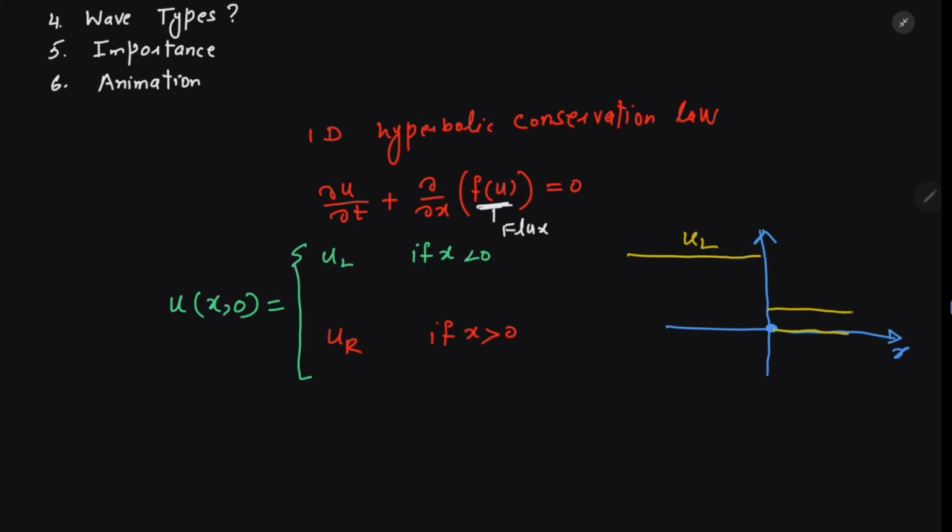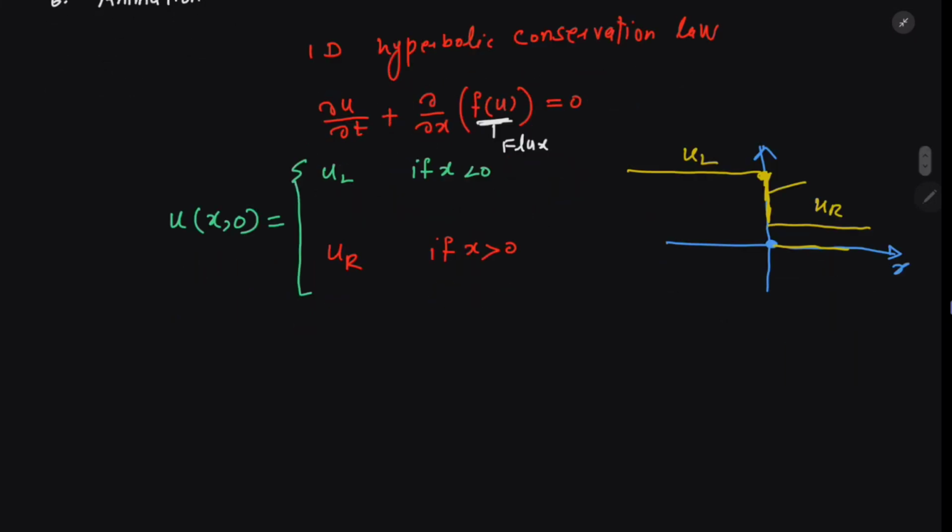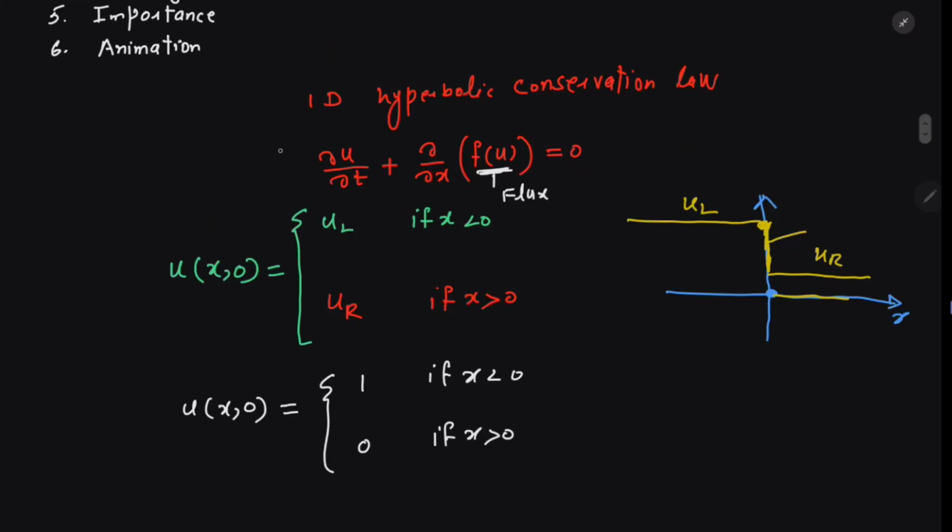So if it is like that, then there is a discontinuity over here. For example, we have u(x,0) as the initial condition looking like this. It is 1 if x is less than 0, and it is 0 if x is greater than 0. When we have a 1D hyperbolic conservation law and the initial condition looks like this, which has a discontinuity, then such a problem is called the Riemann problem.